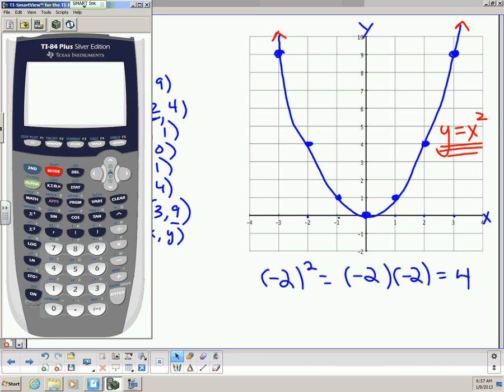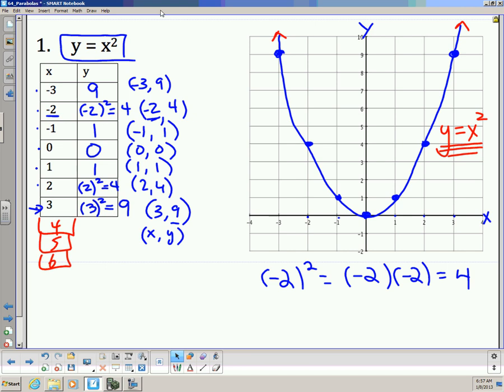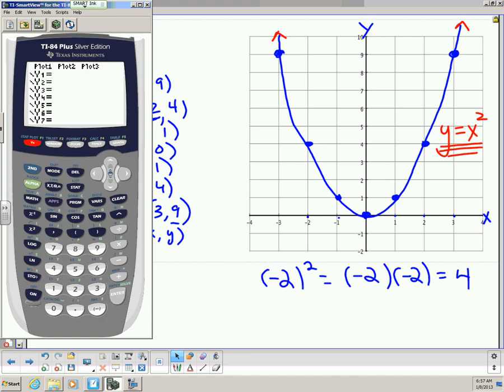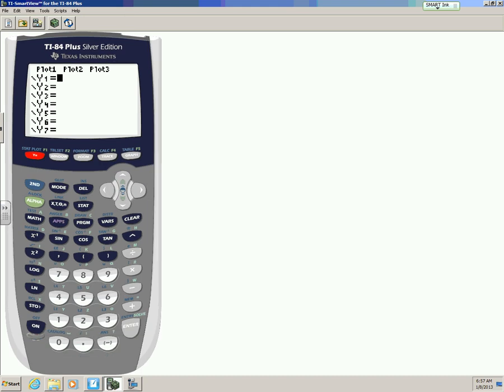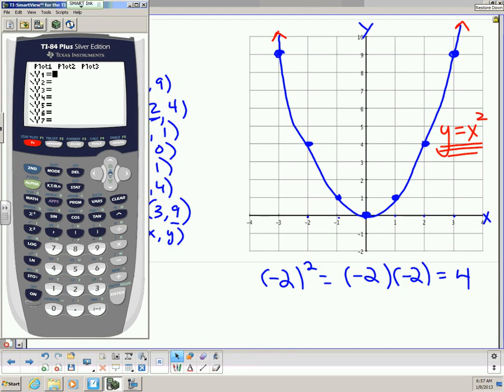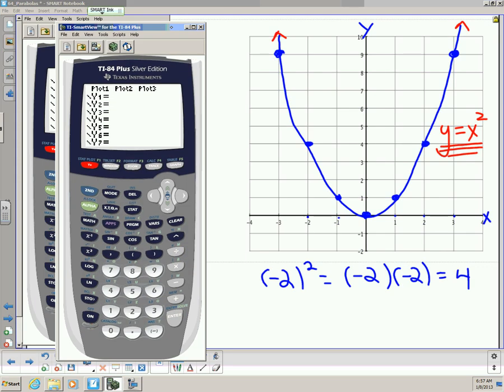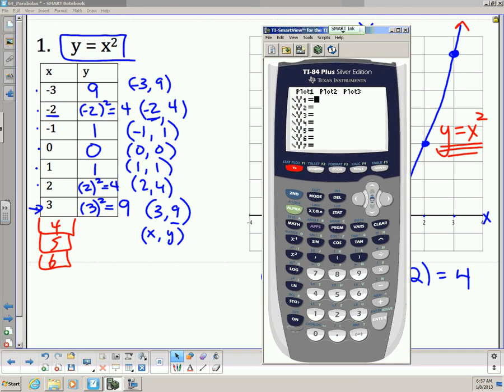We're going to press y equals because we're typing in a y equals equation. And we're going to type in y equals x squared.